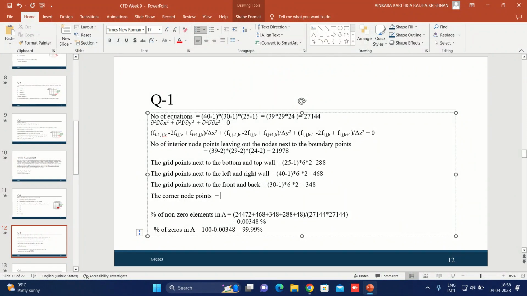How many corner points would be there? 1, 2, 3, 4. Similarly 1, 2, 3, 4. I mean, they would be sharing two. 3 points they would be sharing, I mean known from the boundary.